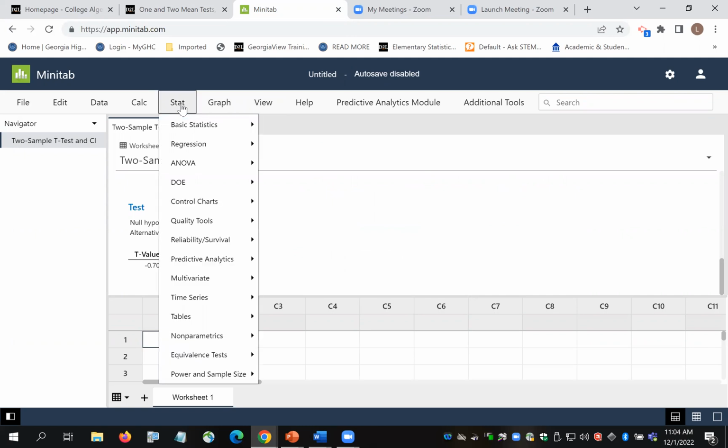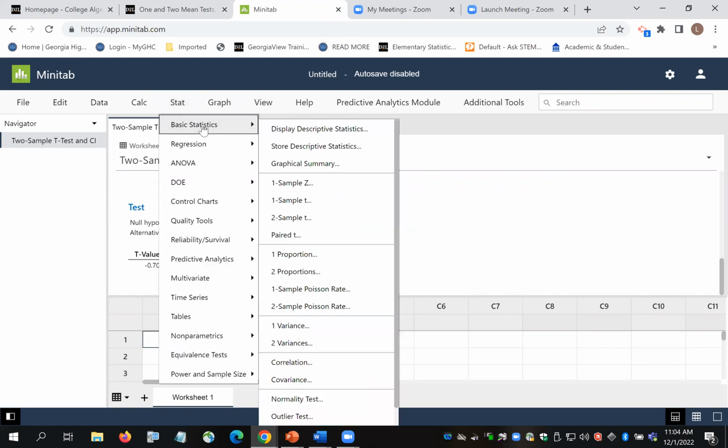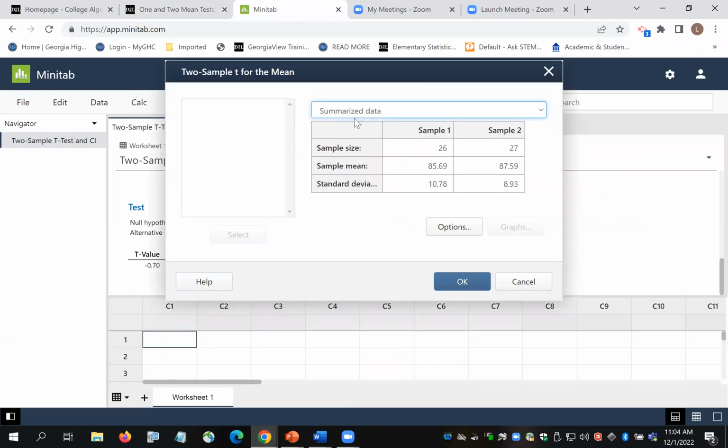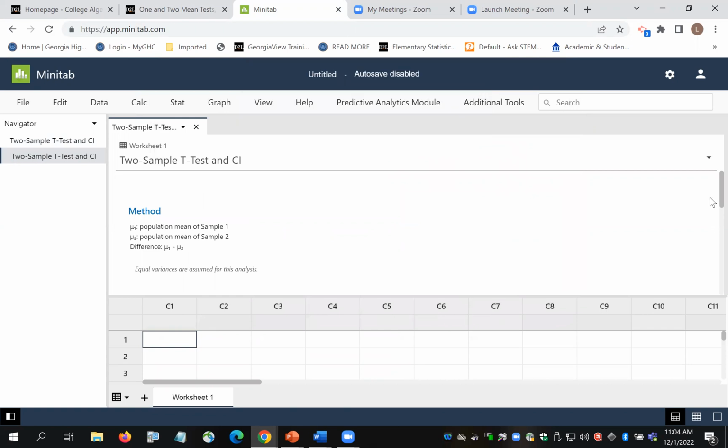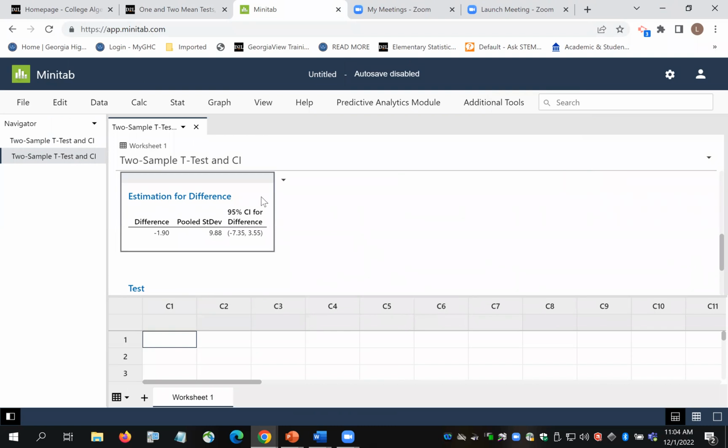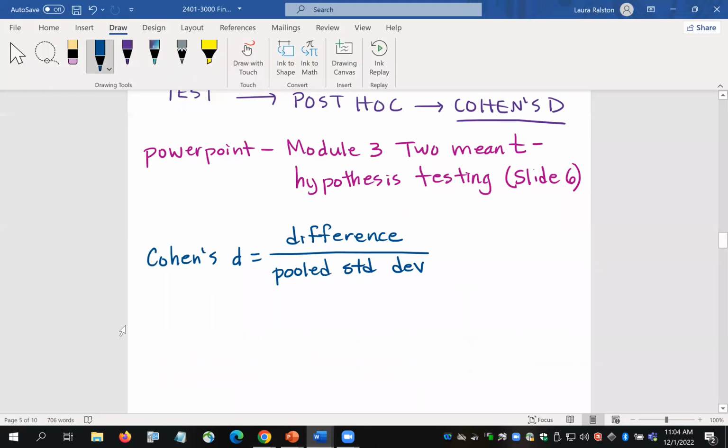But you do Stat, Basic Statistics, 2-Sample t, and we have summarized data, and I re-entered the data that we had entered on Tuesday, and you get your results. For Cohen's d, we need the information under the header estimation for difference, and in that result area it gives you the difference.